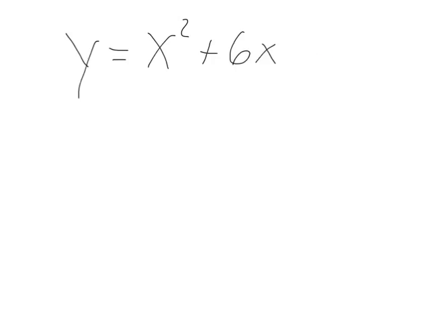Here's what I mean. I can't just add 9, but I could add 9 and subtract 9 at the same time. Combined, I've really only added 0. And that's what I want. I have not changed the value of this.